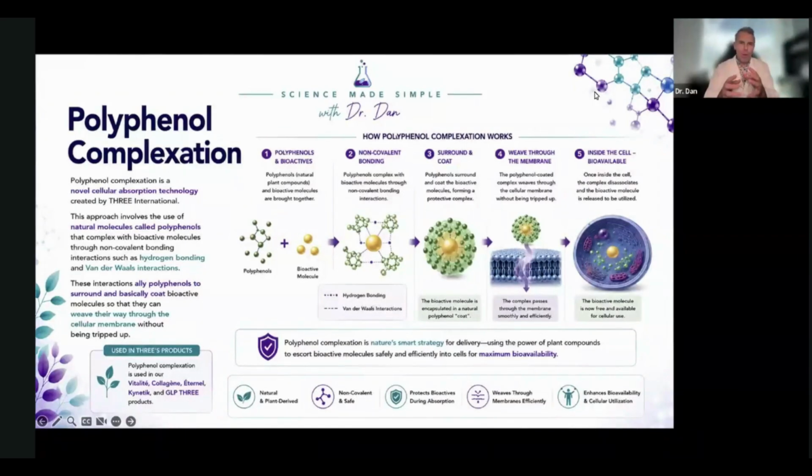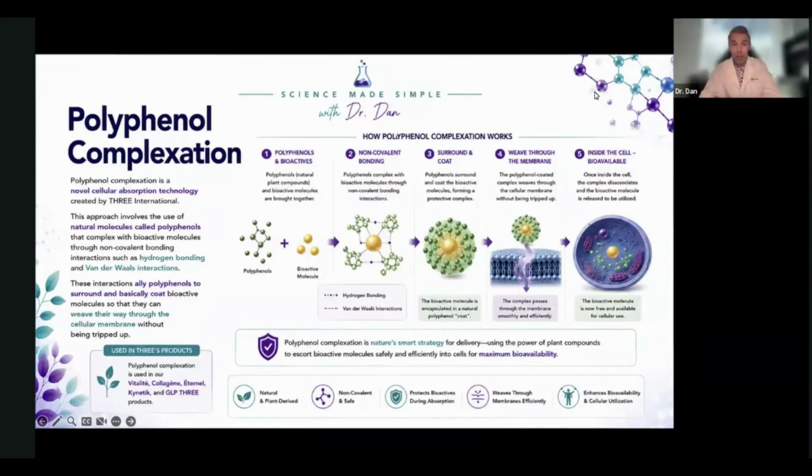Because there are so many different types of polyphenols, early on in my career, when I was synthesizing pharmaceutical drugs and trying to figure out how to make these drugs absorbable, we found that there were certain polyphenols that would actually coat and surround the organic compounds, surround the drug in my earlier case.